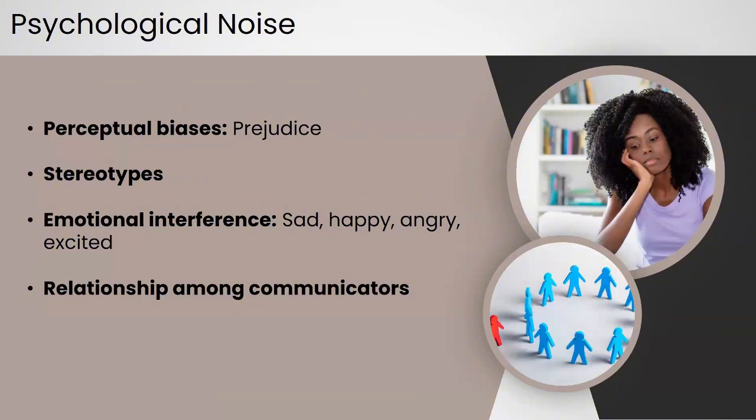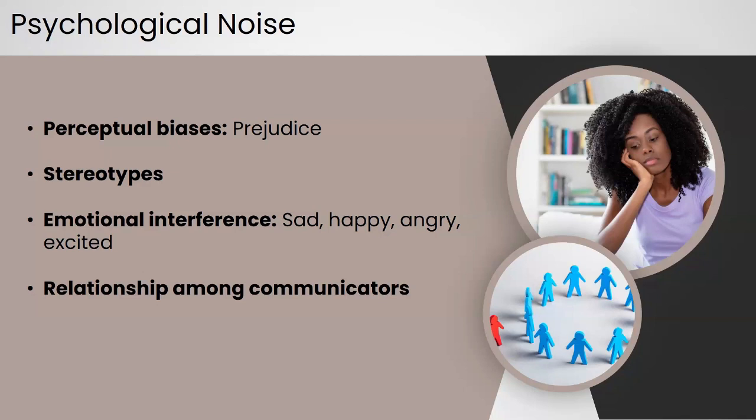Psychological noise. These are, for example, perceptual bias and prejudice. As human beings, most of the time we have issues with judging others and judging messages. So these biases are psychological noise, problems within us as individuals, like being prejudiced or stereotyped.